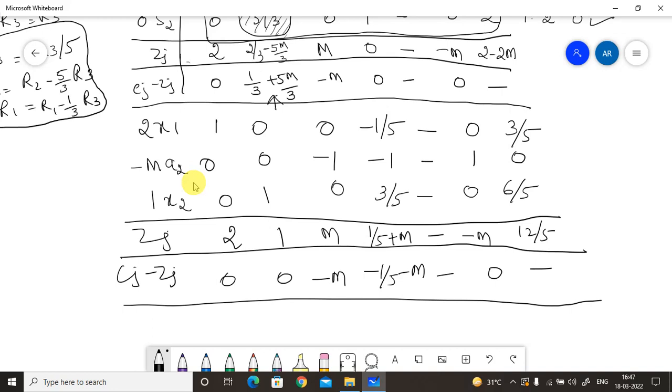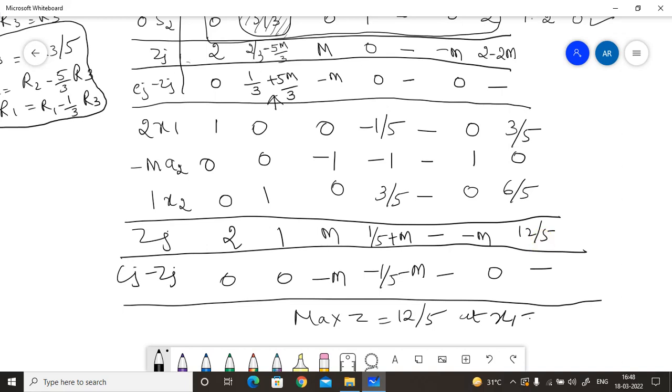Now we have to see what is the value of Z max, right? So what is the value of Z max here? As I told you, Zj is here, right? Now towards the RHS value. Zj is here, what is the RHS value of that? That's 12 by 5, so I'll write it as max Z equals 12 by 5. Now what is the value of x1?